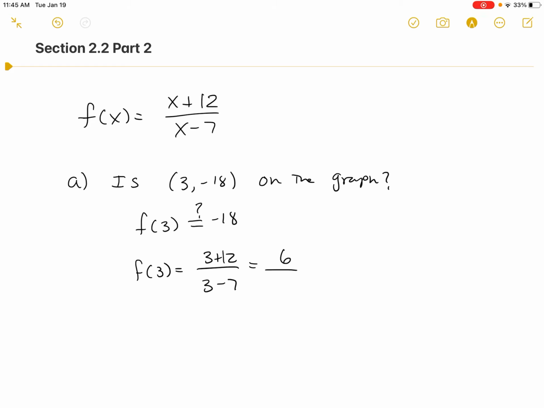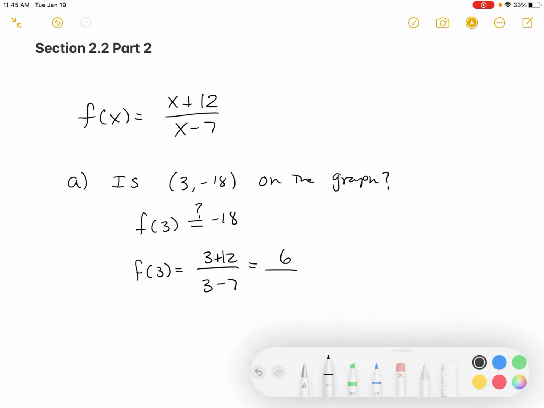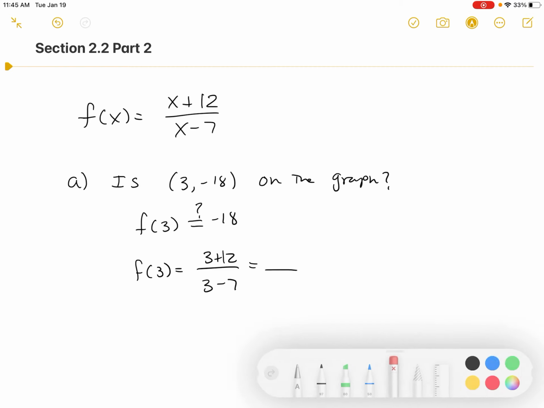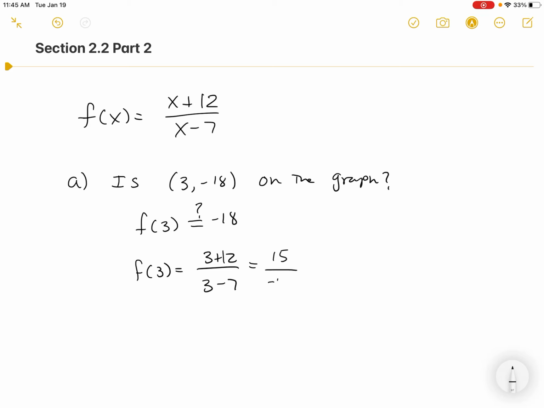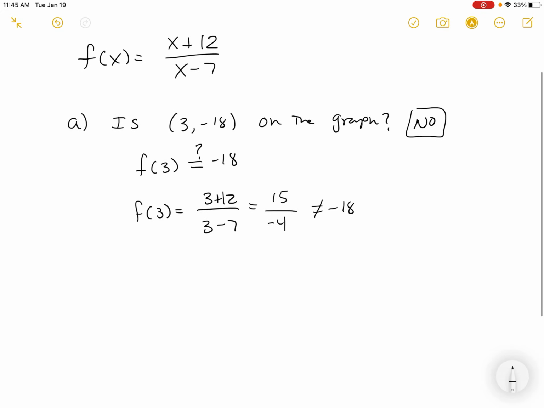So let me make that a 12 because it may make a difference. So 3 plus 12 is 15, and 3 minus 7 is negative 4. Now that doesn't equal negative 18, so you're going to mark the answer no. So no is the correct answer there.